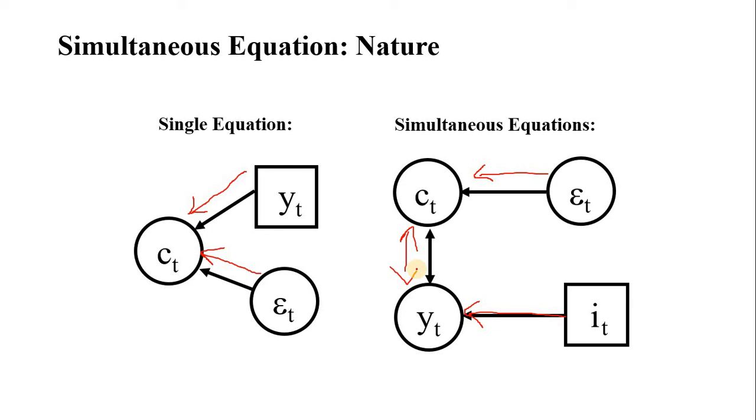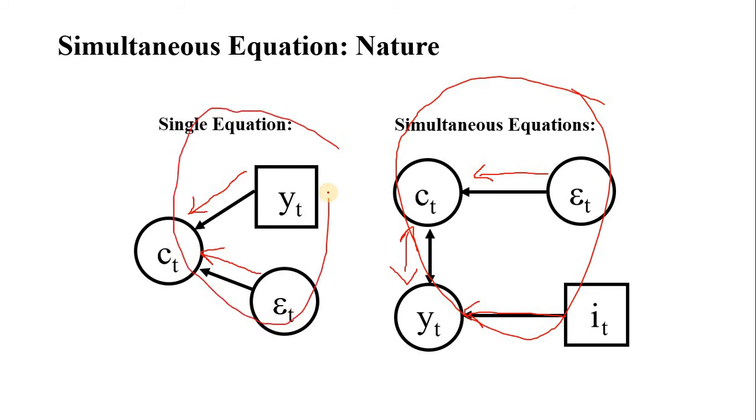When you take ct, yt appears as an explanatory variable, and when you take yt, then ct also appears as an explanatory variable. So ct and yt are mutually determined or endogenous variables. This is what is called a simultaneous equation model, and that is what we call a single equation model.